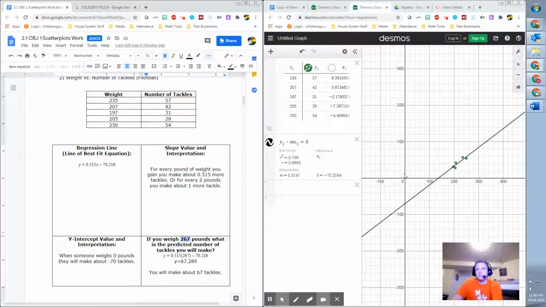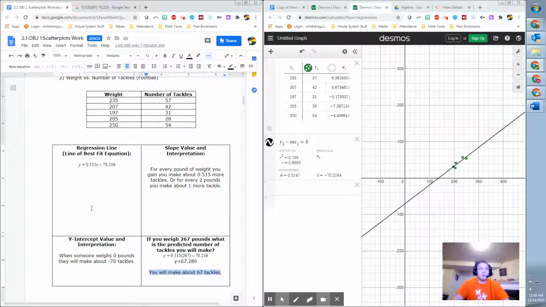So yeah, if you plug into the equation, you do 0.515 times 267 minus 70, you get 67.289 tackles, or what y equals, which if you think about that in terms of tackles, you'd make about 67 tackles. And so that's kind of how we would get there, because we got to round it to the nearest whole number for it to make sense. So that would be my prediction, 67 tackles, and how I get this.